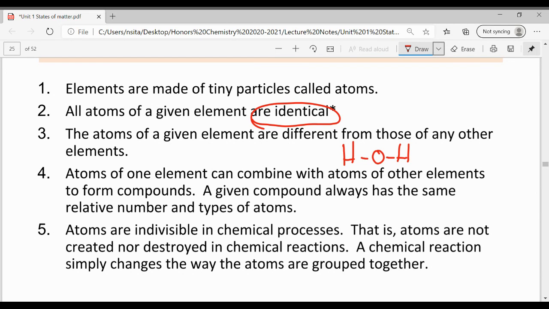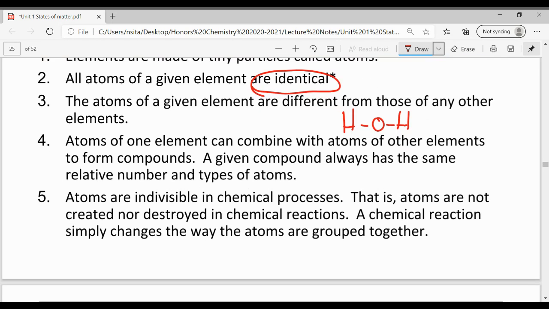And then you combine them together and it becomes a compound. The last one, number five: the atoms are indivisible by chemical process. That means that the atom is the smallest particle, and then within the atoms there are subatomic particles, which we will talk about today.